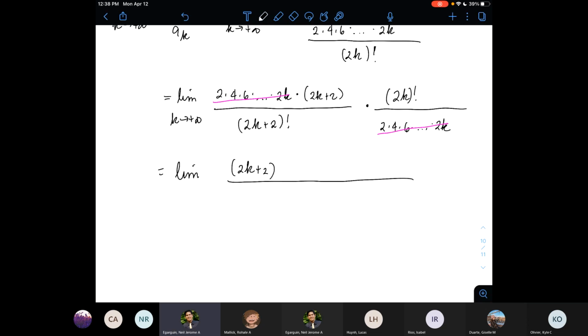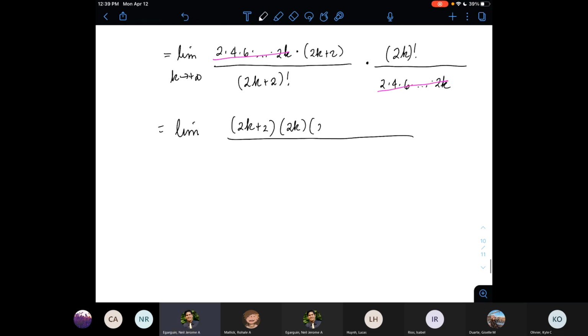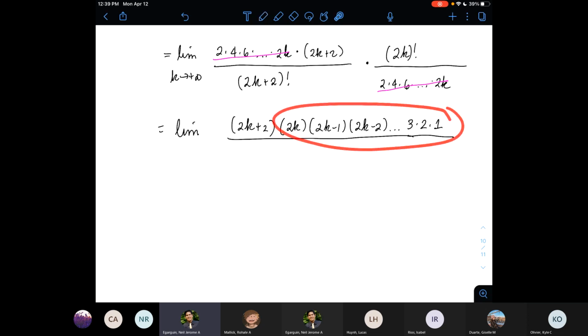All right. And then what does 2k factorial mean? Well, that is the product starting from 2k backwards until 3 times 2 times 1. So basically the expansion of 2k factorial is 2k times 2k minus 1 times 2k minus 2 all the way down to 3 times 2 times 1, right? That's the expansion of 2k factorial. So this guy is 2k factorial.